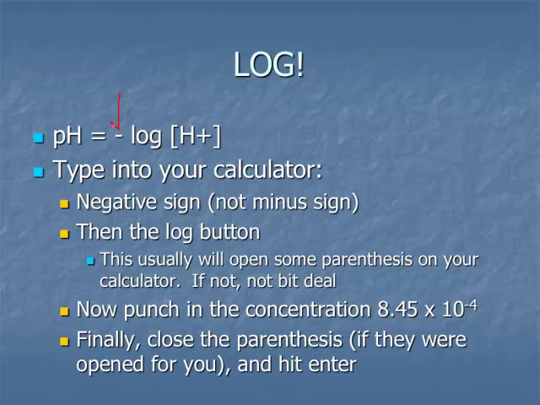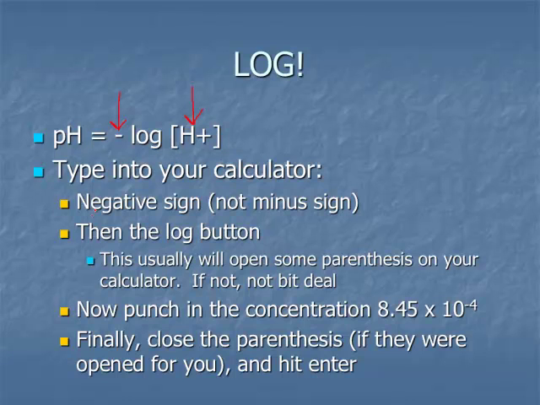Well, that's why we have this negative sign right here in the front of the formula. This is very easy for students to forget, so make sure you get this correct on your guided notes. Make sure you got that negative sign. So pH is the negative log of the concentration of H, and this concentration has to be in molarity, so moles per liter.